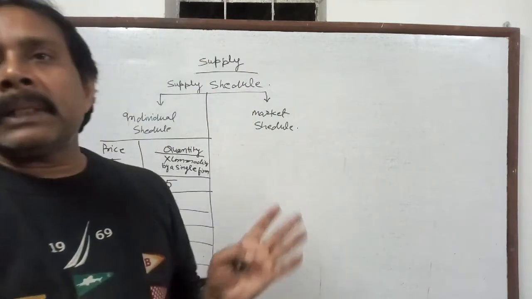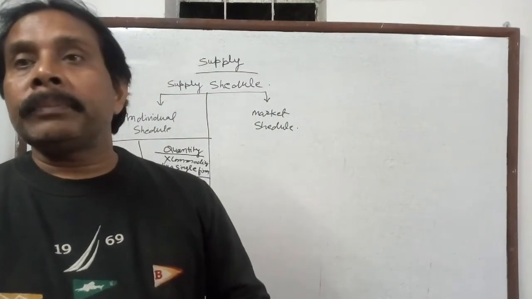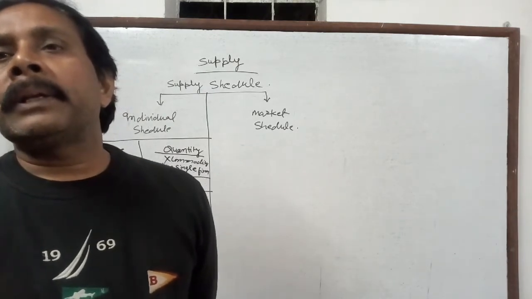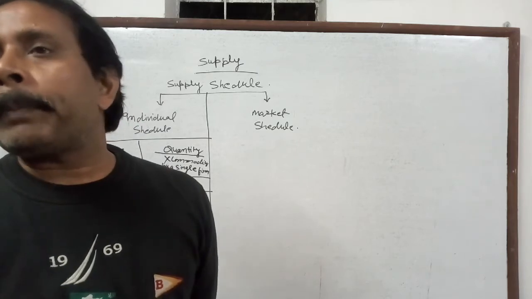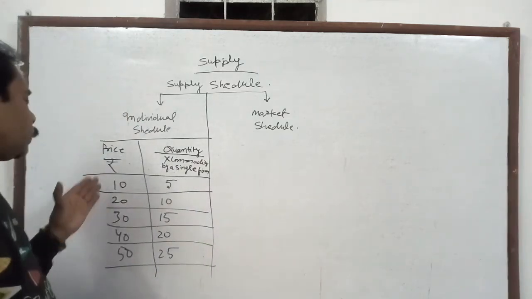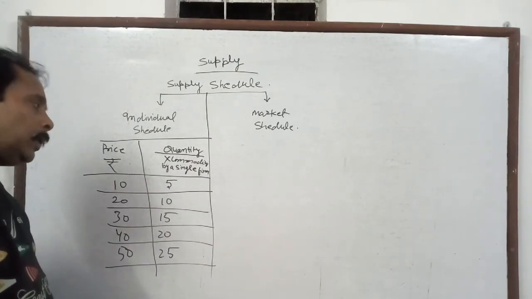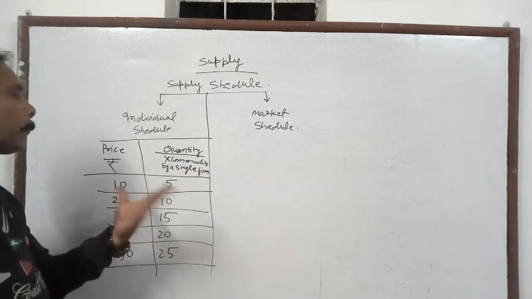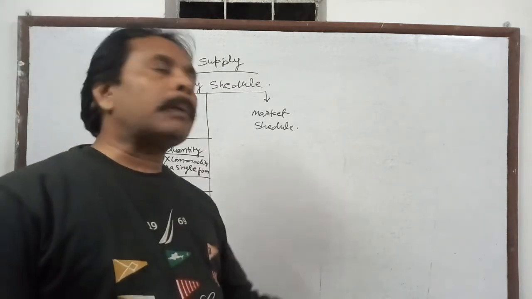So as it is seen, a single firm is willing to sell different quantities of the commodity at different levels of price. So when the price rises from 10 to rupees 20, he is willing to sell 5 to 10 units. So 5 units of the commodity have increased. Is it clear?